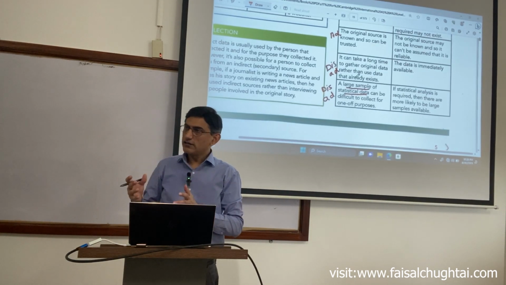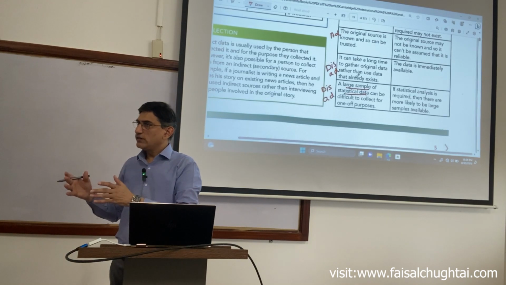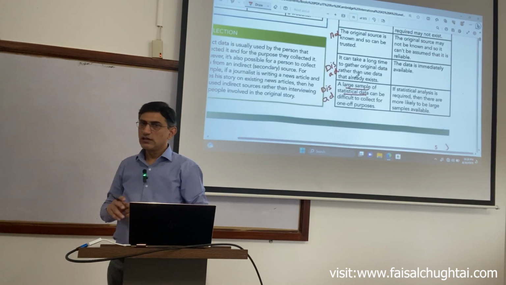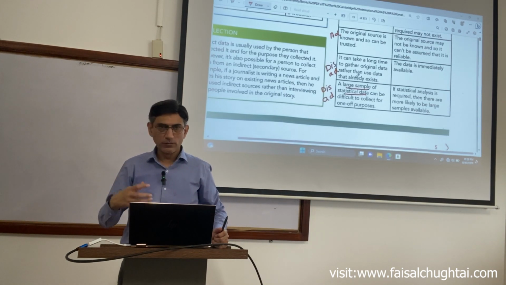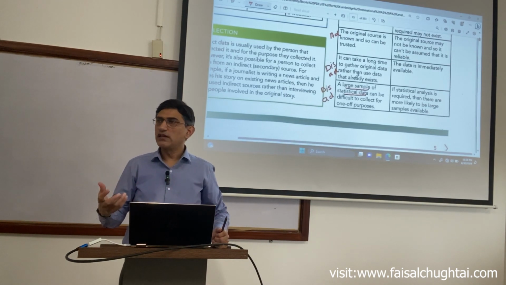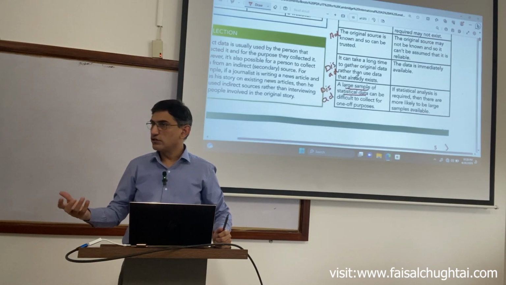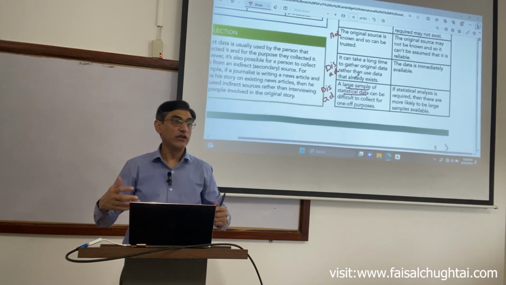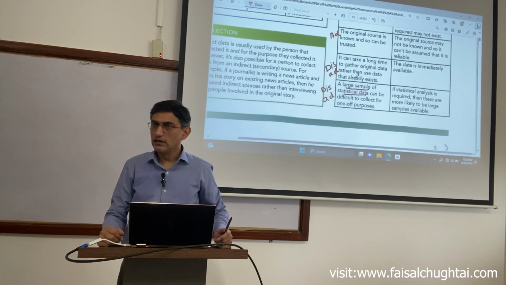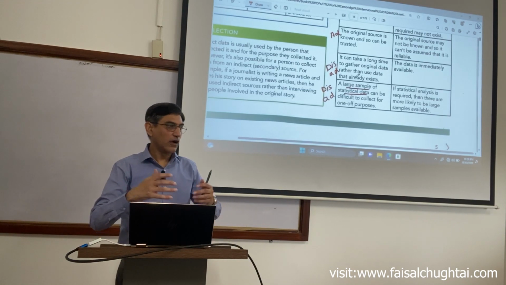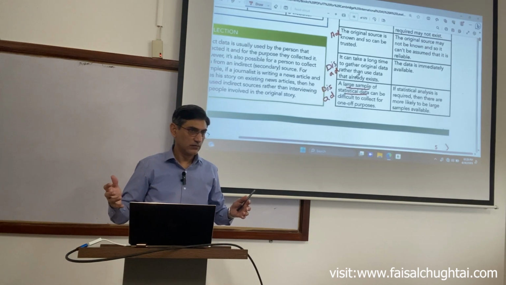But when it comes to acquiring data through an indirect data source, what if the data that you require for your purpose has not been collected by one organization but has been collected by multiple organizations for some purposes? That would mean that you have a very large pool of data available.